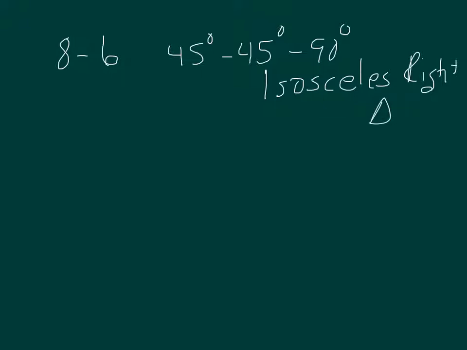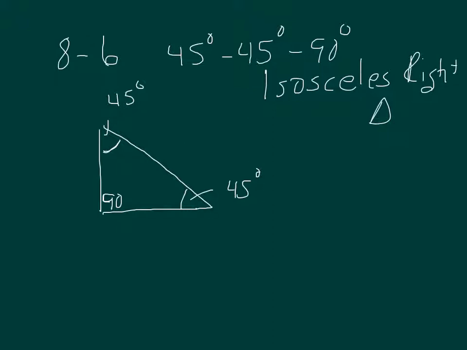So that means if this is 90 degrees, what's this angle? They're both 45 because the 2 acute angles have to be complementary. So that means these sides have the same measure. And the hypotenuse is always A times the square root of 2.